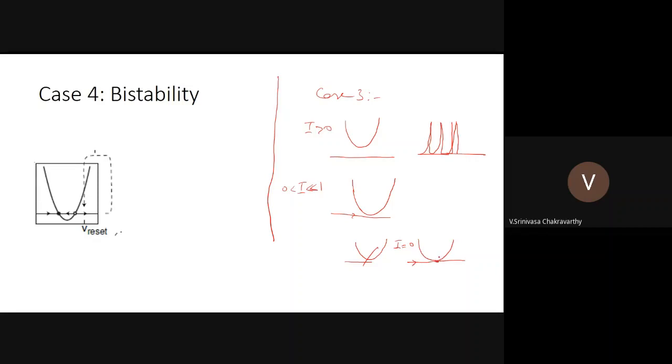You stop there. But whereas I is non-zero but a very small number, at this point V dot will be very small. So it slows down once it comes to this point.